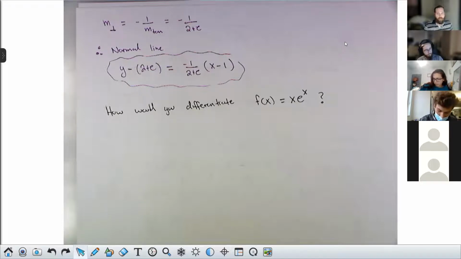And I'll tell you, the derivative of this function is not just e to the x. You cannot just differentiate the x to 1 and differentiate e to the x to e to the x and call it a day. Totally reasonable thought to have, but it doesn't work.